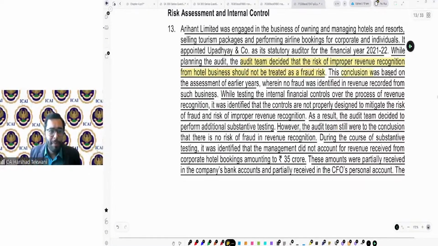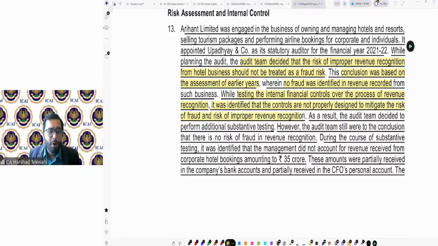The conclusion was based on the assessment of earlier years, where no fraud was identified in revenue recorded. Testing the internal financial controls over the process of revenue recognition, it was identified that the controls are not properly designed to mitigate the fraud risk.